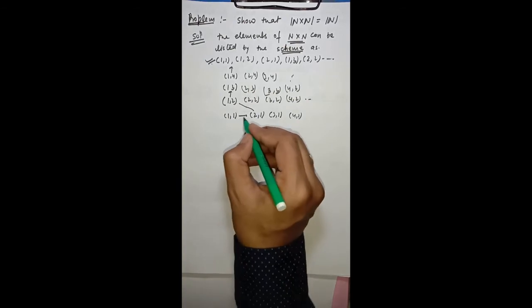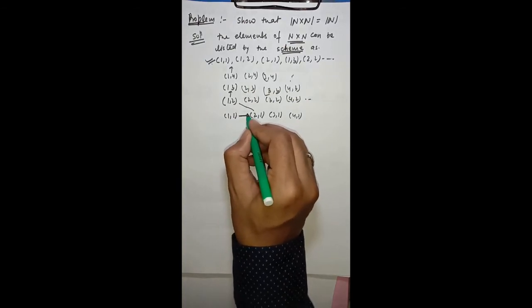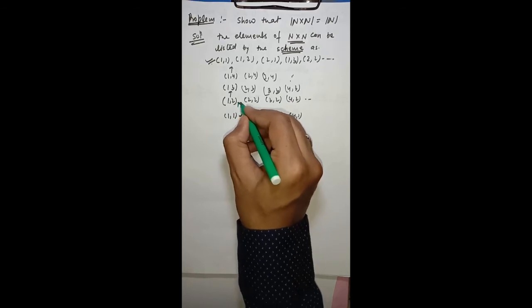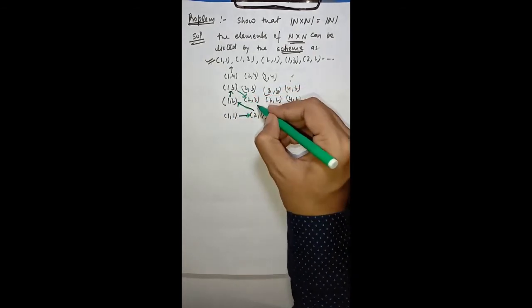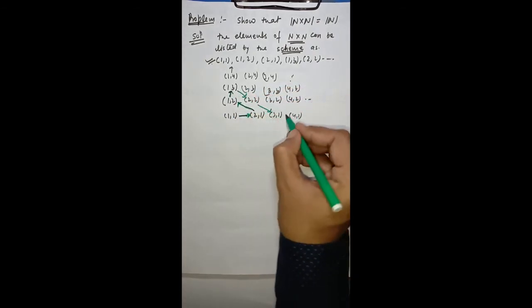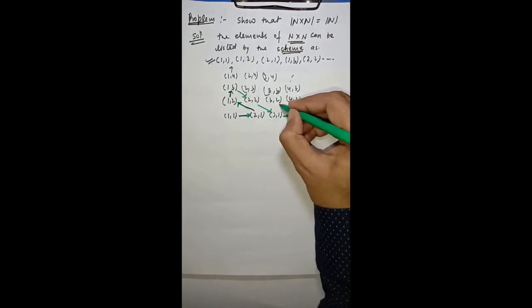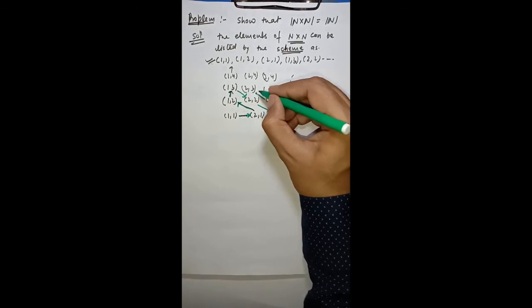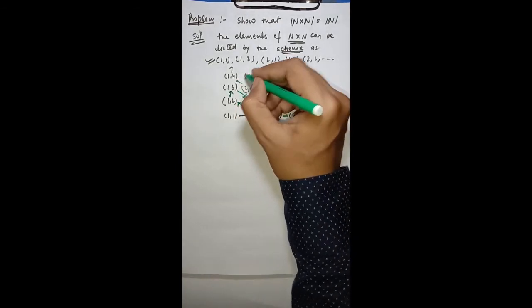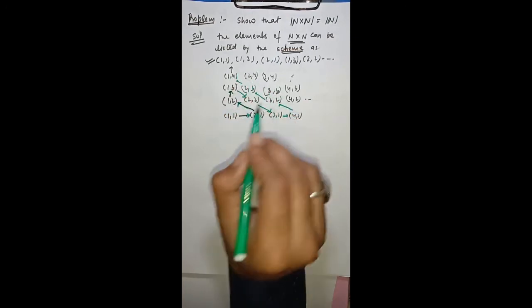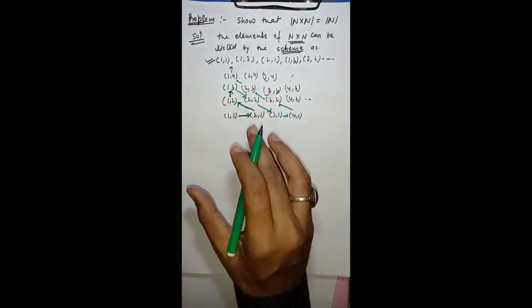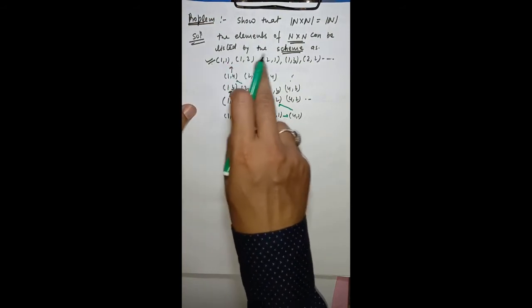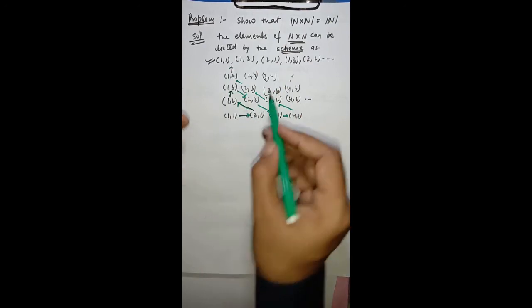If we start counting 1, 2, 3, 4, 5, 6, 7, 8, 9, 10, 11, and so on, that means we have a systematic arrangement such that we can count the ordered pairs by the scheme.